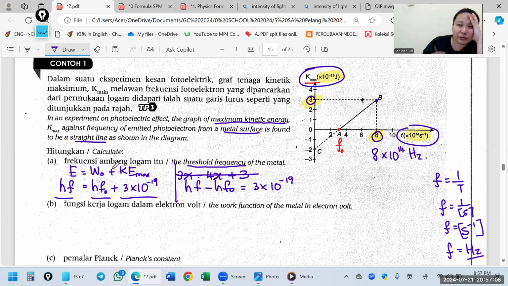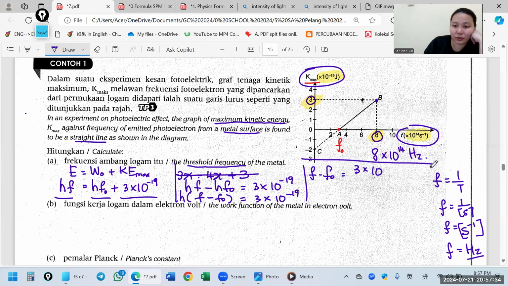Up to you, I believe your linear equation is good enough. Lazy person, I would like to factorize out. Then this is a constant. So F minus F naught equals 3 times 10 to the power of negative 19 divided by the Planck constant.